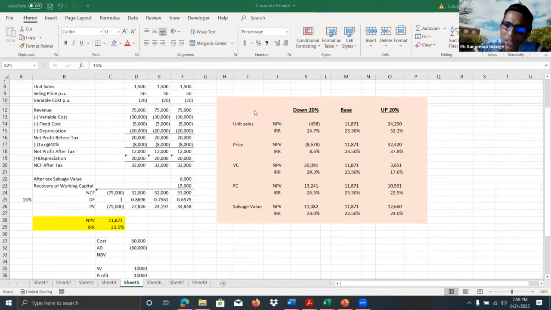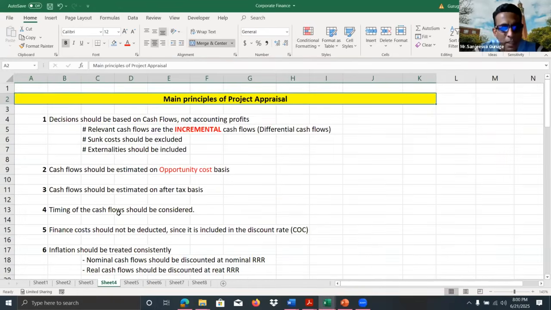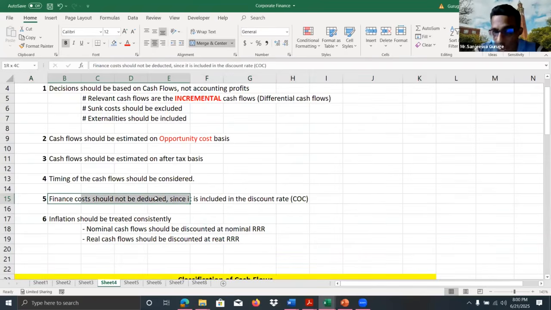You know very well, I have included one point relating to the estimation of this cost of capital also, and we can discuss that there. So the cost of capital, the discount rate, includes interest cost. Therefore, interest cost should not be deducted. That is another main principle in the evaluation of a project: finance cost should not be deducted since it is included in the discount rate, as you have very correctly mentioned here.